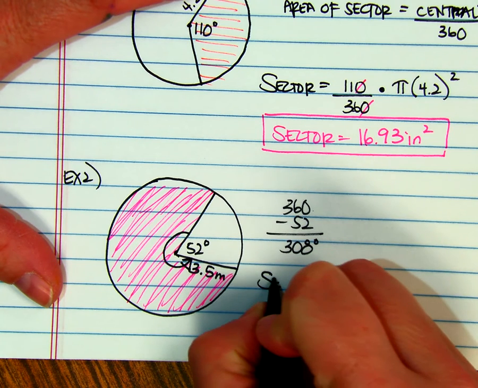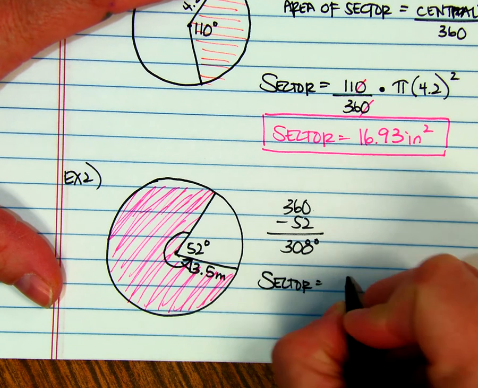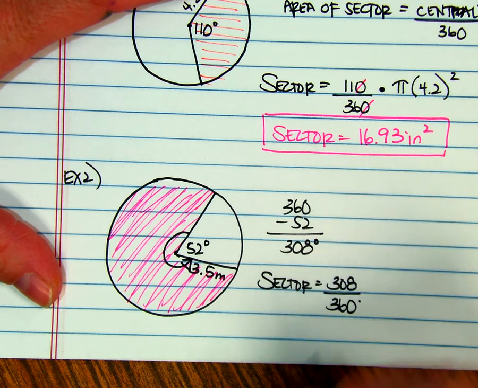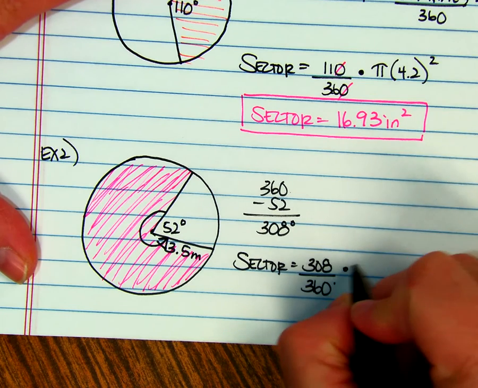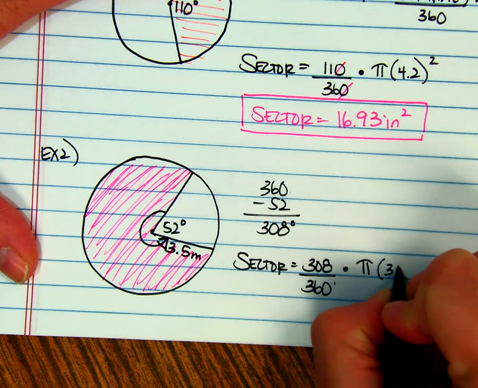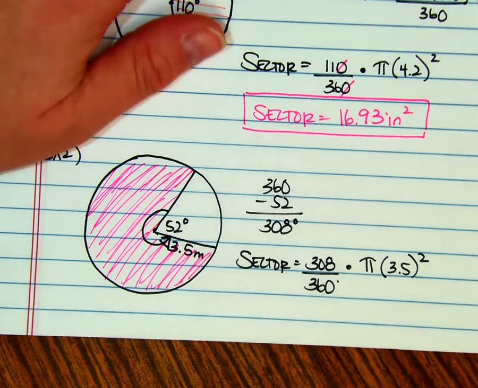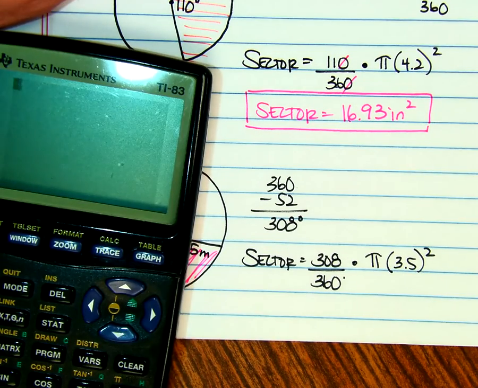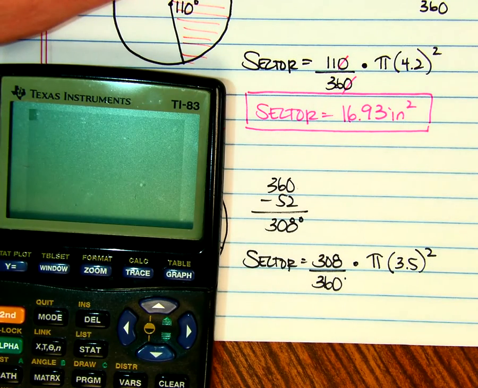So the sector that I'm looking for equals 308 degrees out of the possible 360 times the area of my circle, which is pi times my radius squared. This one isn't so neat. I can't do any cross canceling, so I'm going to go ahead and just check it in my calculator. So I have 308 divided by 360.